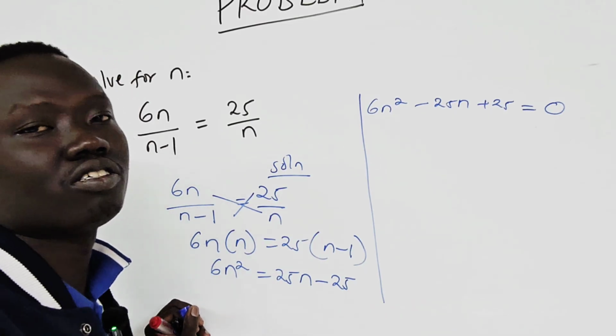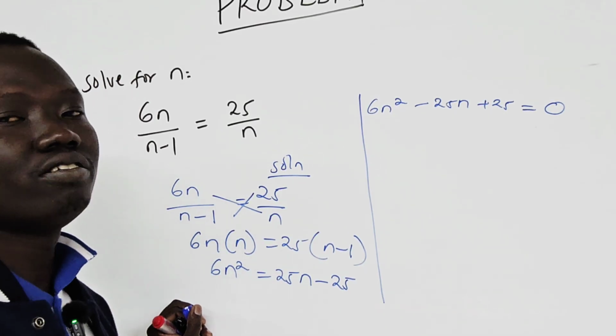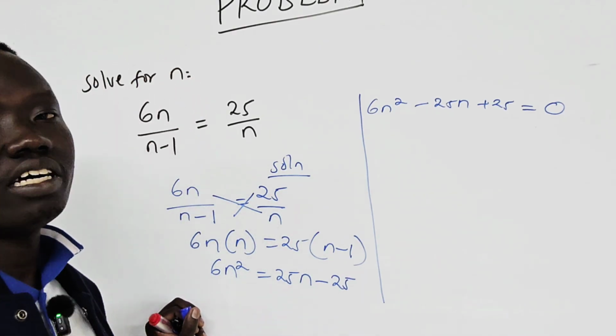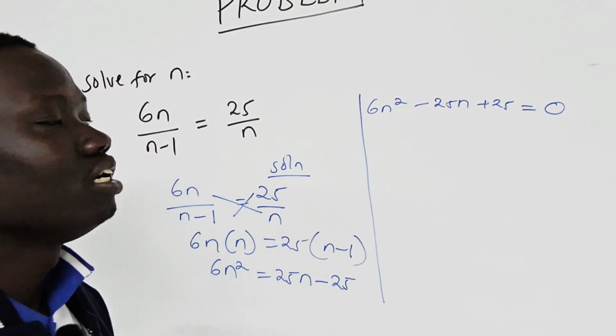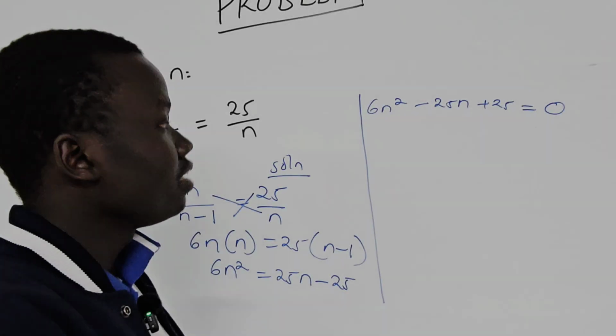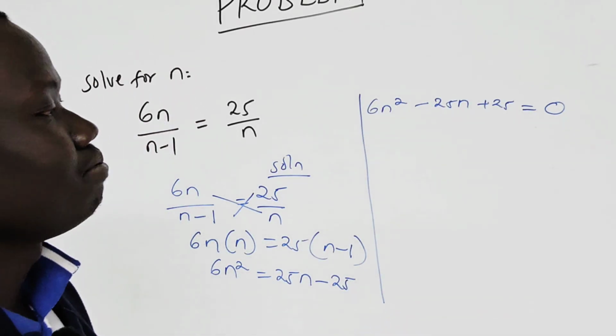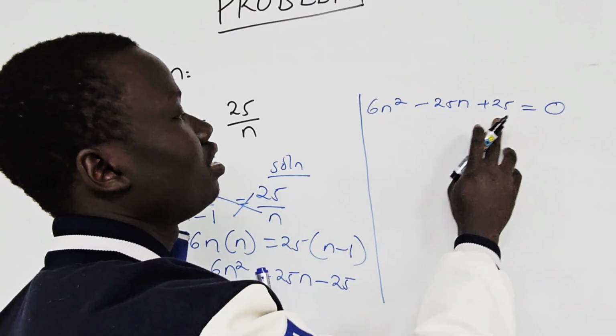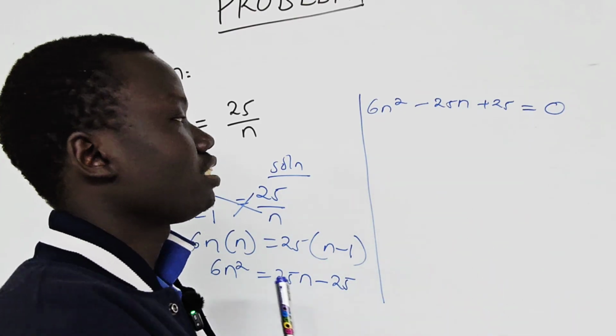You can either use the completing the square method, the quadratic formula, or the factorization method, but in my case I'm going to use the factorization method. Let's take one as the product and the other as the sum.